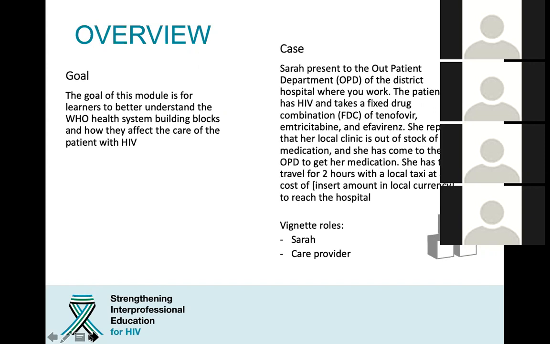She arrives at the hospital irate at all the trouble she had to take, and we then consult with the patient in her unhappy state. So could you go to the next slide?